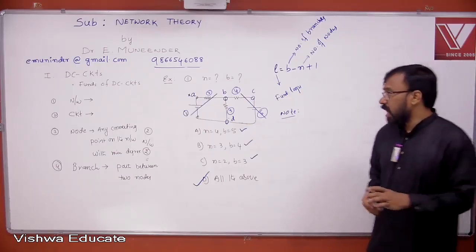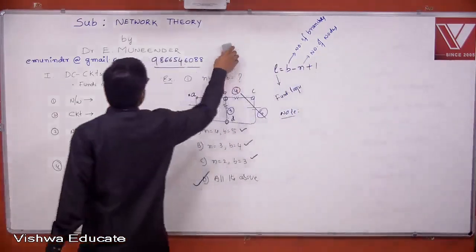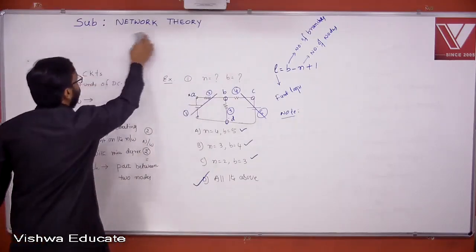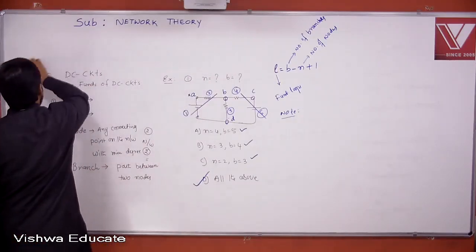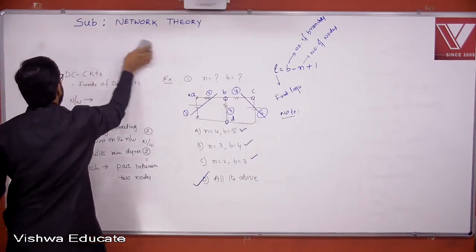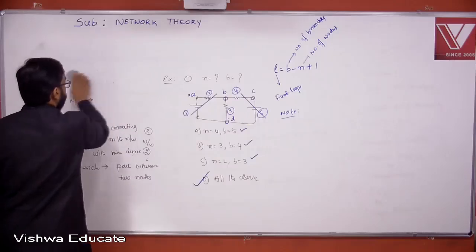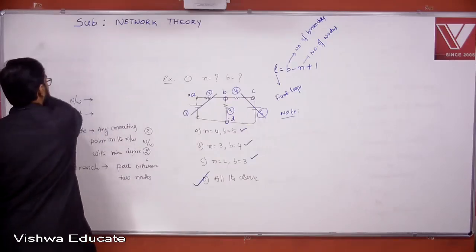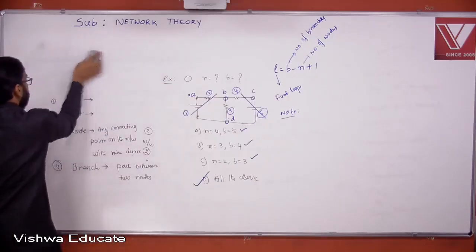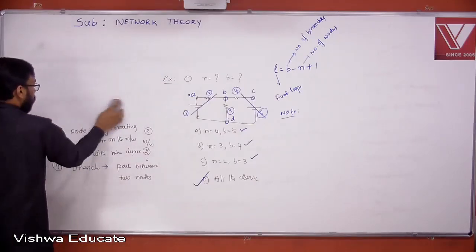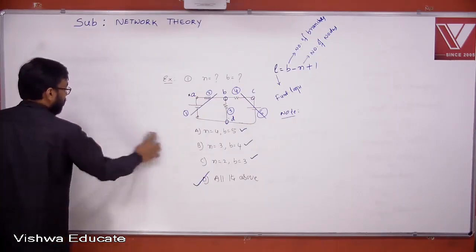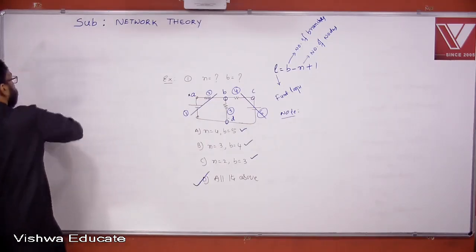The count of the number of nodes and number of branches may not be unique, especially when there are series connected elements.